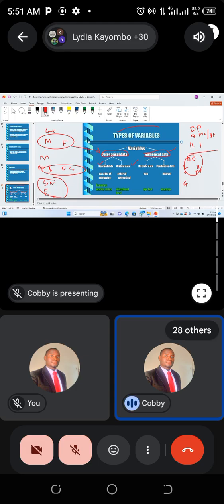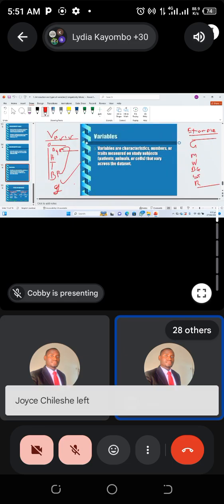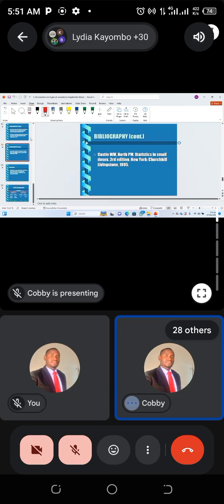So let's give some examples of ordinal and nominal variables. Ordinal variables: socioeconomic status.